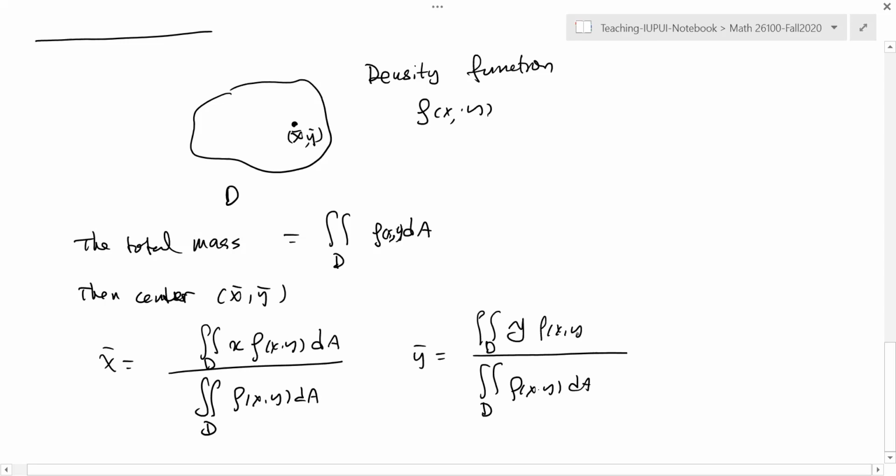So in order to find the center, you have to evaluate three integrals. One is the integral of the density function, which gives you the total mass. And then also the integral of x times the density function and y times the density function.